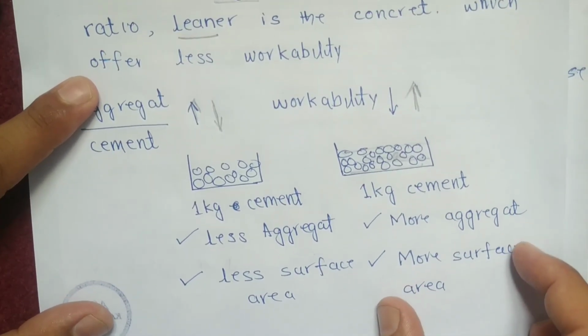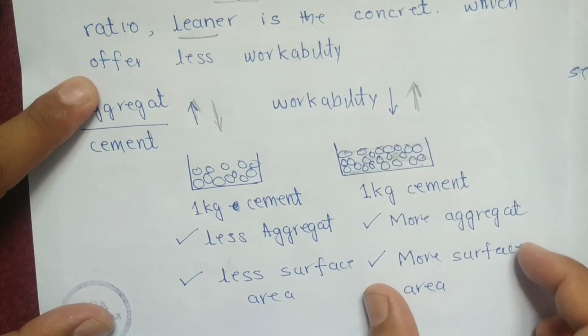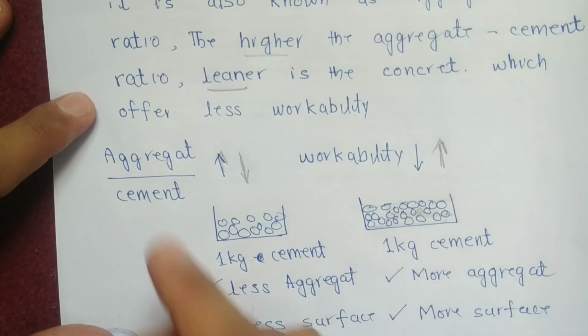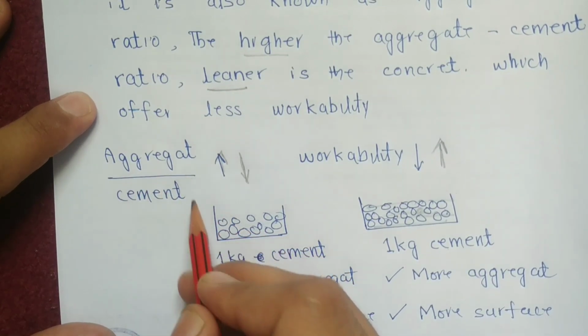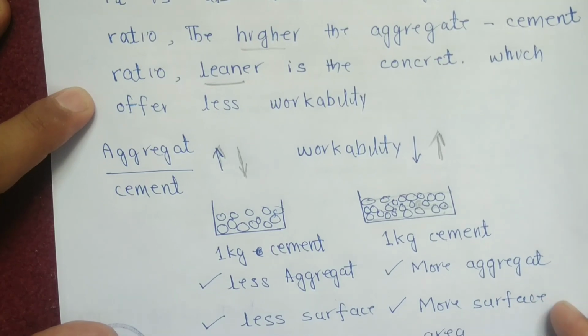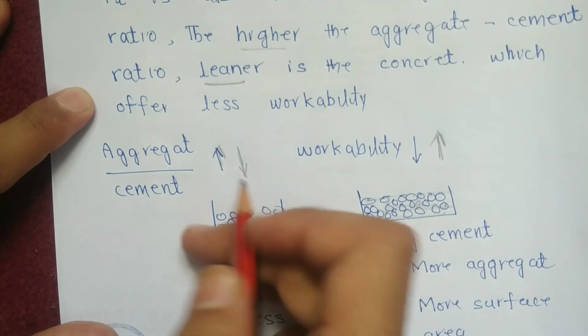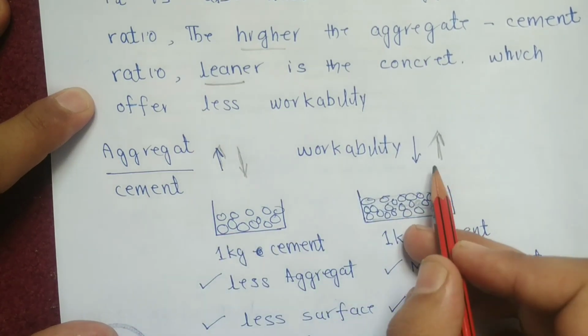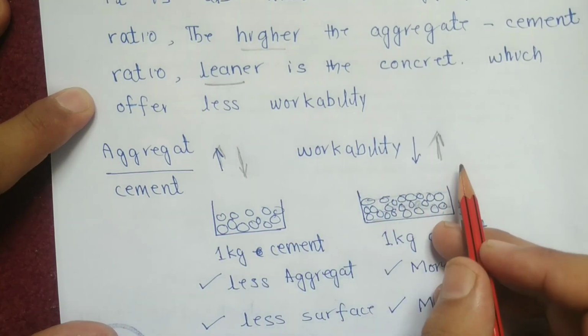Whenever our surface area is more, we need more cement and water paste to lubricate the aggregate. So whenever we increase the aggregate cement ratio, our workability will decrease, because our surface area is increasing. Whenever we are decreasing the aggregate cement ratio, then our workability will increase.